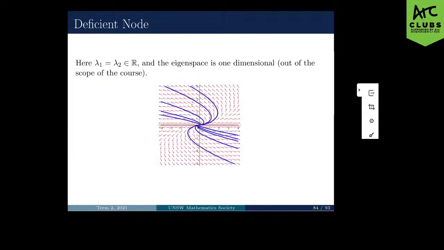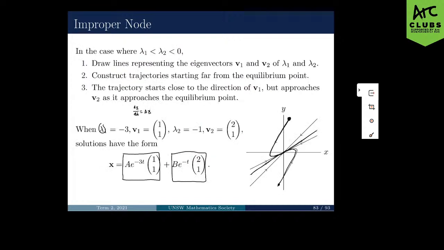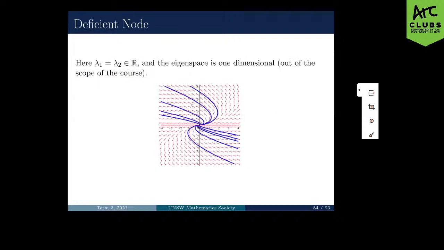I forgot to add the extra detail that they should be negative and distinct. In the case where the eigenvalues are equal, we have two types of nodes. One is where the eigenspace is one-dimensional, so the line corresponding to the eigenvector is just one line for both of the eigenvalues.